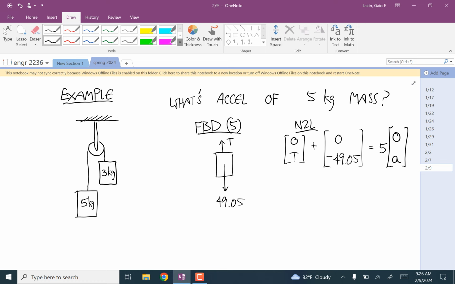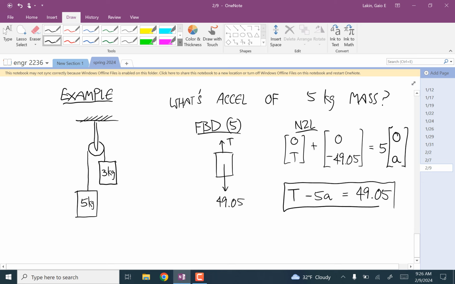There's no harm in saying that this is going to be negative A. It still works out fine, but there's no reason to think about that. Okay, so we get this one equation that says T minus 5A is equal to 49.05. Can't solve it because there's 2 variables, so I'll just set that aside.